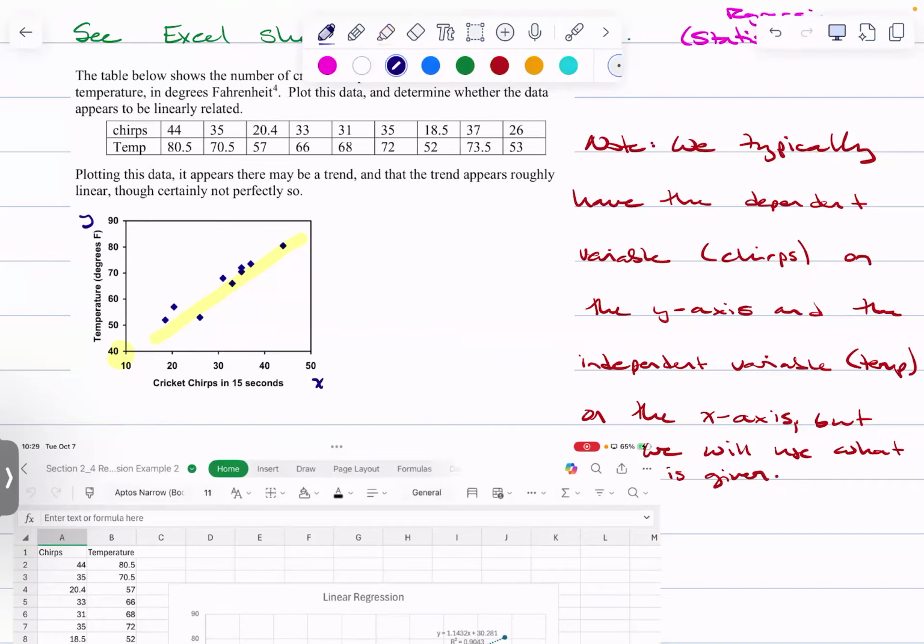But this to me looks like, in general, I can model it with y equals mx plus b, which is what linear regression does, which means that we can find a line of best fit, right? So the line of best fit can be modeled by some y equals mx plus b.